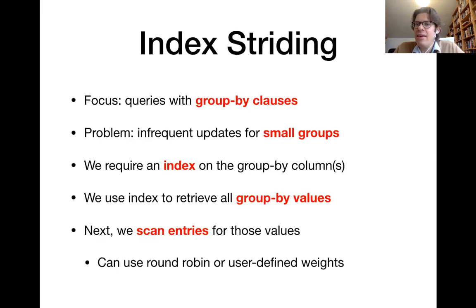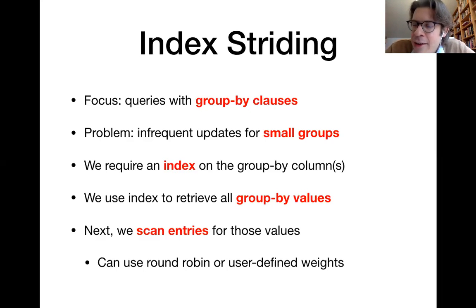And in that case, you gain a lot of flexibility. For instance, now you could use a round-robin scheme and alternate between different groups and then use the index in order to retrieve a few sample rows for specifically the current group, and that way you make sure that all the groups are equally updated.